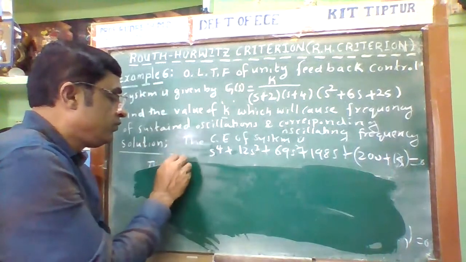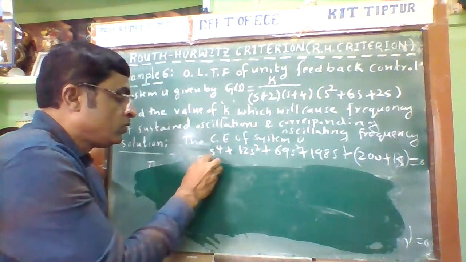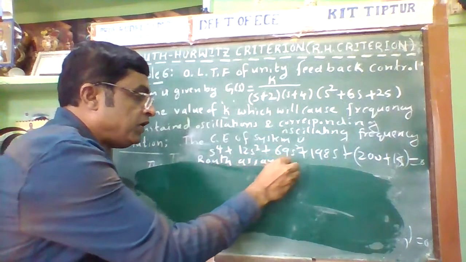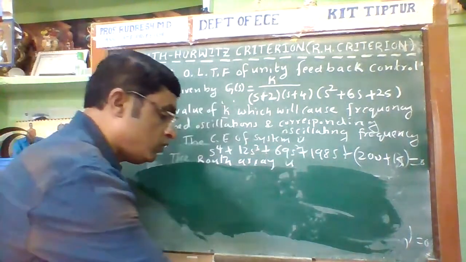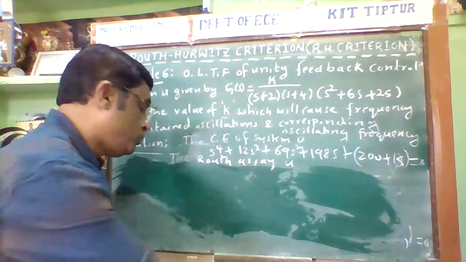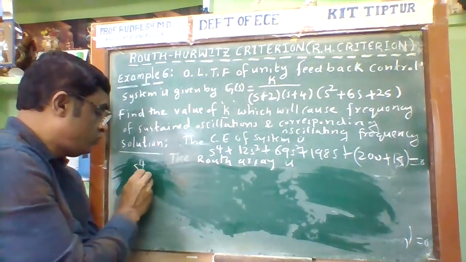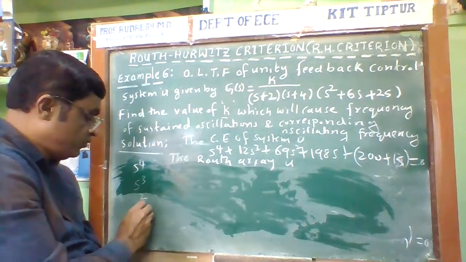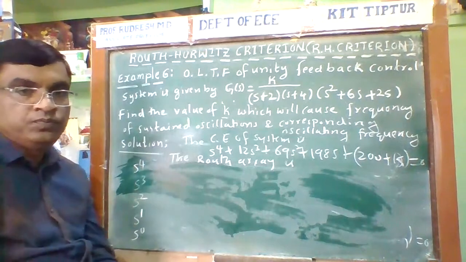The Routh array. What is the Routh array? First row is S to the power of 4. Second row is S cube row. Third row is S square row. S to the power of 1 row, S to the power of 0 row.